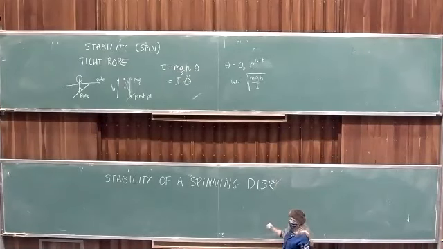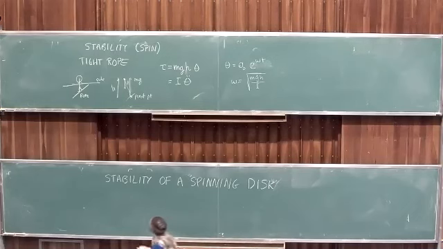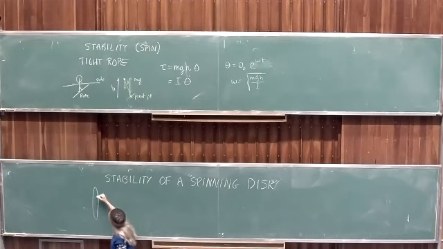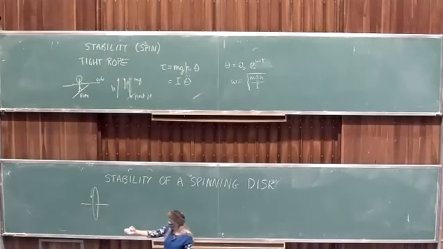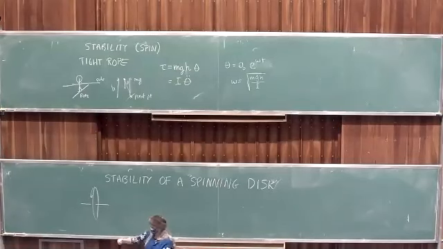This disc could be a wheel, a bicycle wheel, or it could be that thing. Let's draw again, it's nice to draw a picture. Supposing I have some wheel, I'm drawing it like this. It's spinning like that. And I'll put an axis in it. So maybe a bicycle wheel, or like that gyroscope that was balanced.